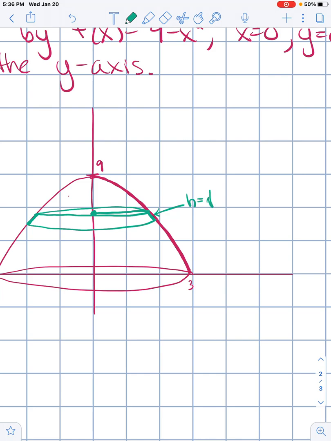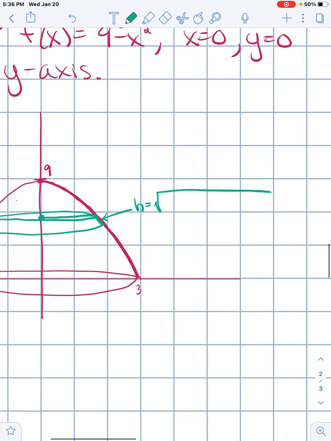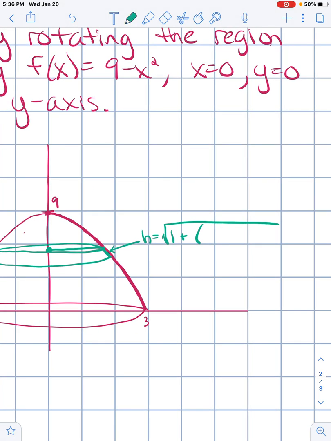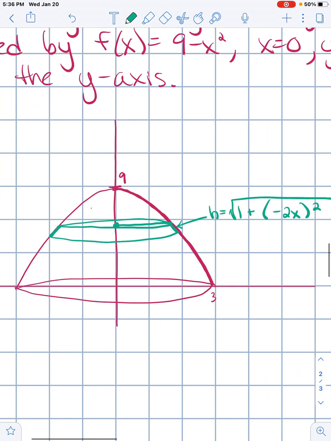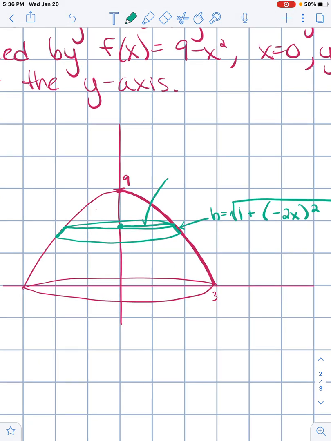In this case, we know that the height is the square root of 1 plus the derivative squared. I might as well just find the derivative because this is straightforward. f of x is 9 minus x squared, so the derivative is negative 2x. So there's the height. The radius in this case is not the function value.